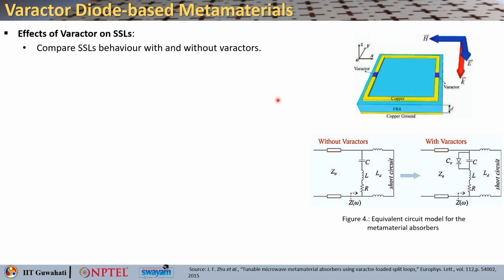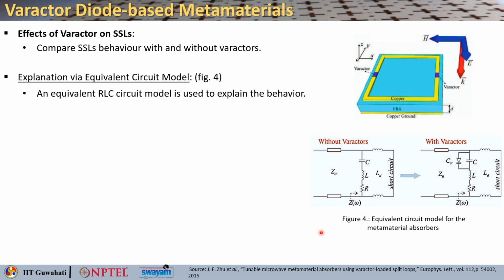Now let us look into what the effect of these varactors on the split square loops is. For that you have to compare the SSL's behavior with and without varactors. Let us use an equivalent circuit model for this metamaterial absorber, and that will help you compare the two cases. This is the equivalent RLC circuit model that can be used for the case without any varactor.